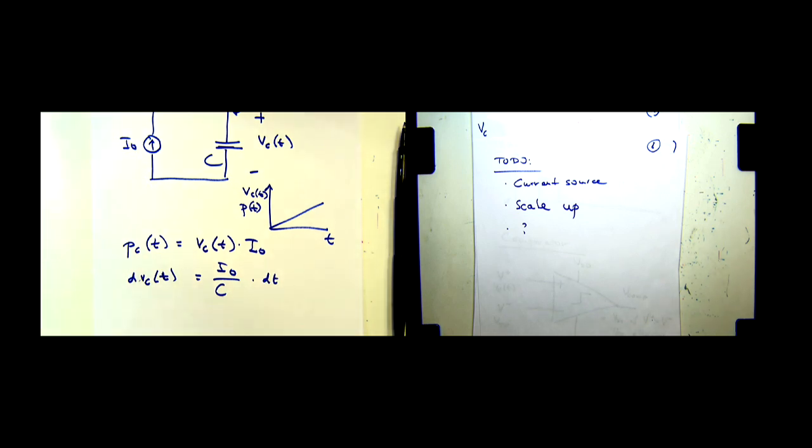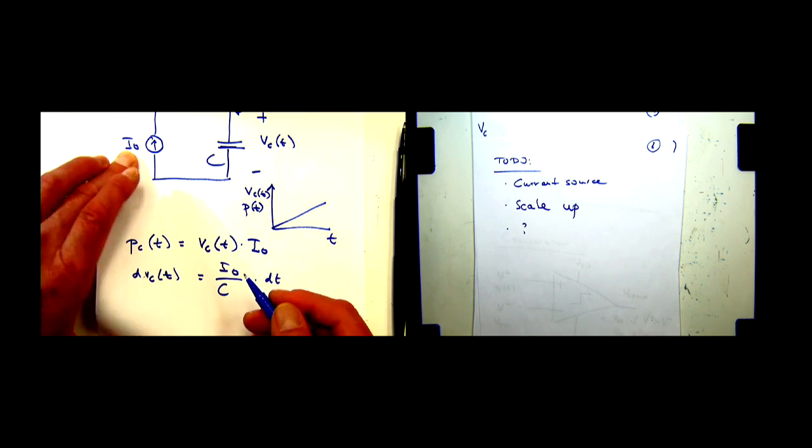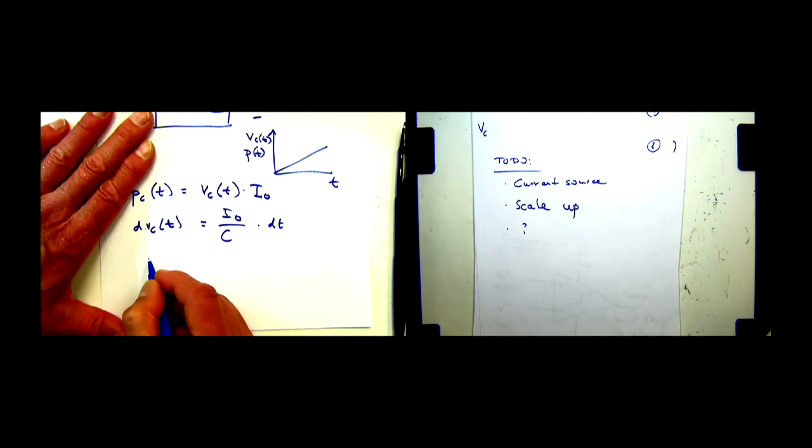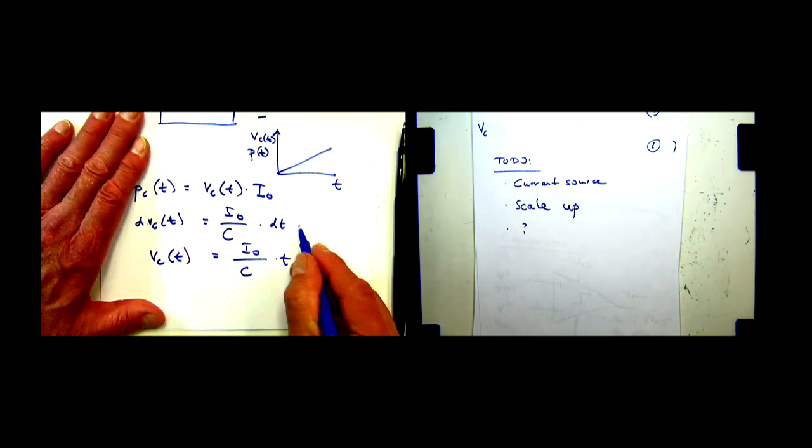That's basic from dVc dt equals I0 over c, right? So now we integrate, so we get Vc of t is going to be equal to I0 over c times t. We assume that these are constant. That's simply integration.